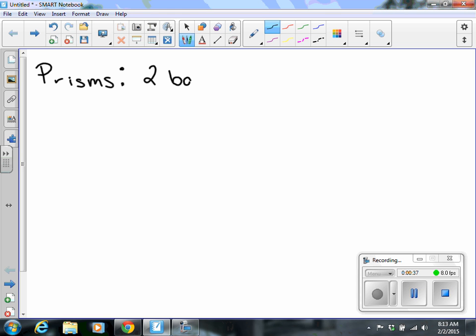So the two bases are the same. You can think of it that the two bases are stretched apart from each other.